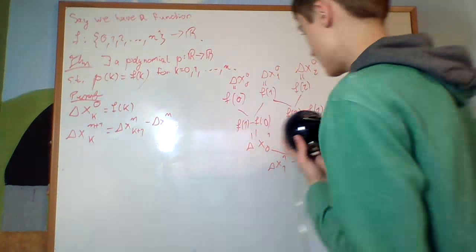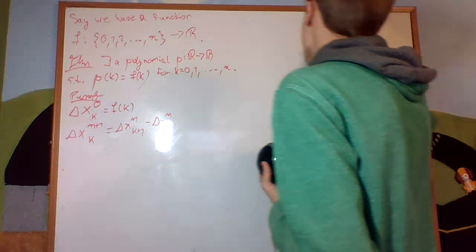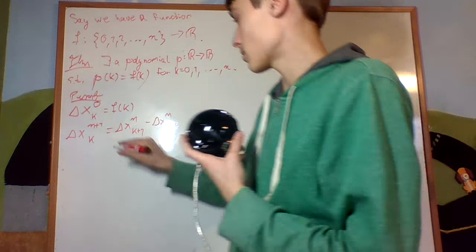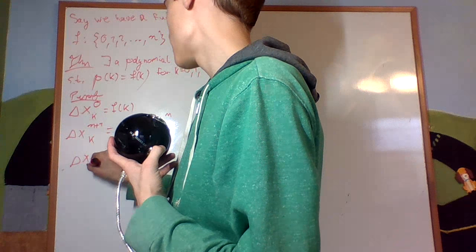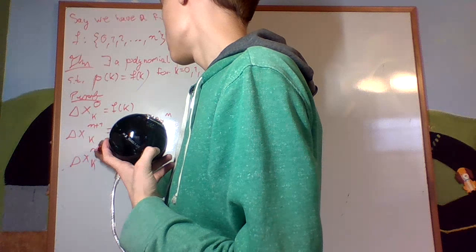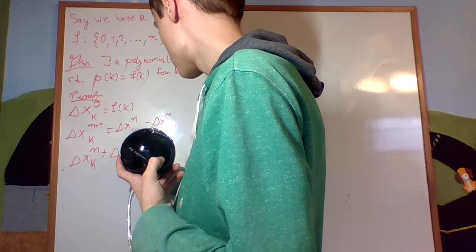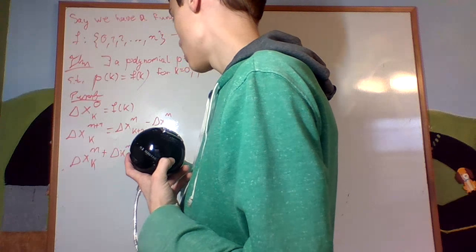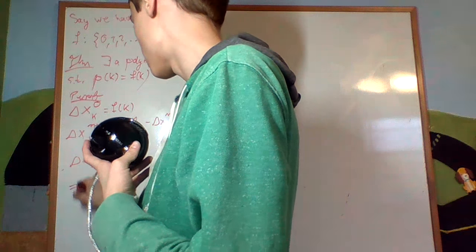They're just the differences. And I'm going to prove a couple things about these differences and something about the n choose k function. So what's the thing I'm going to prove about the differences? Well, I'm going to prove that delta x sub k to the n plus delta x sub k to the n plus 1, what's this going to be? Well, let's put in the definition here.